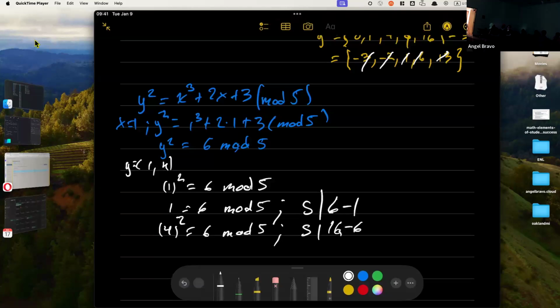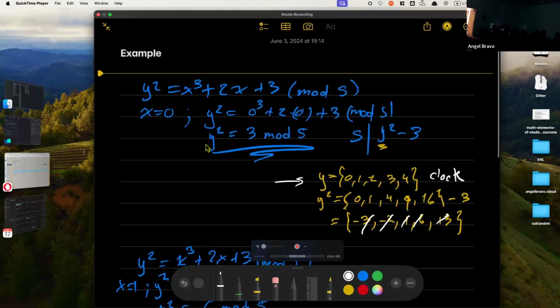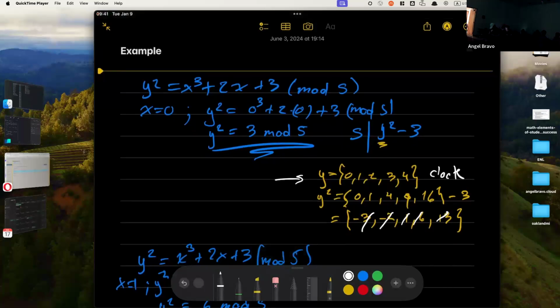We're trying to find exactly some numbers that do exist. We already observed that some of the values for x that we picked between 0 and 4, especially x equals 0 in this case, is not a solution. It means you need to keep going.